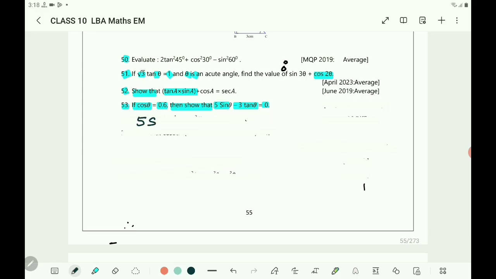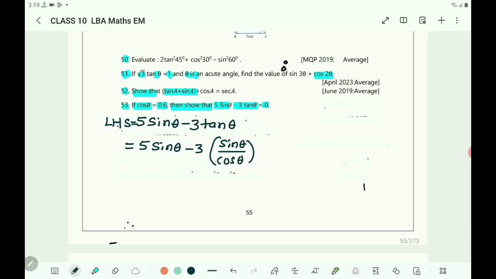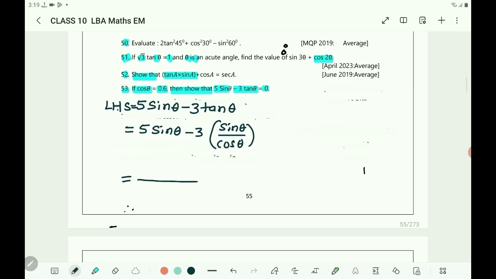LHS equals 5 sin theta minus 3 tan theta equals, write 5 sin theta as it is, 5 sin theta minus 3 into, express tan theta as sin by cos, sin theta by cos theta. Now you take the LCM here. LCM is cos theta.